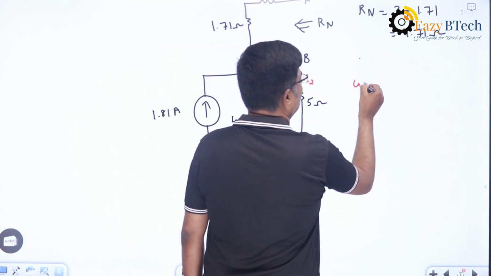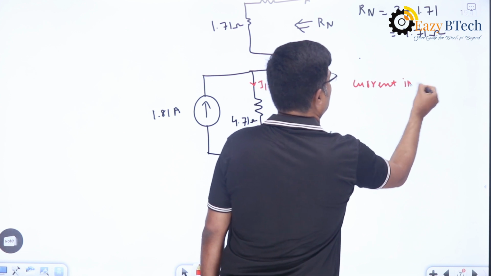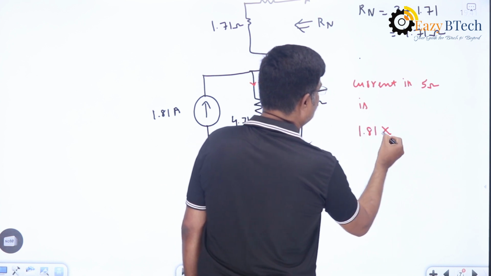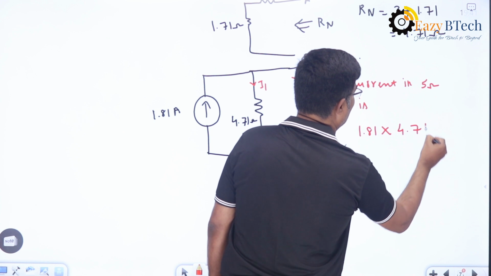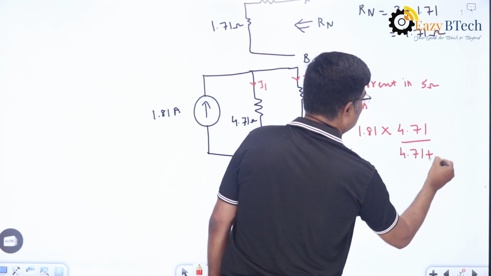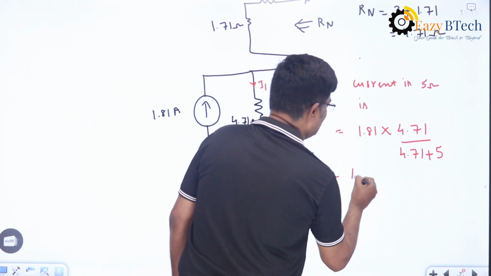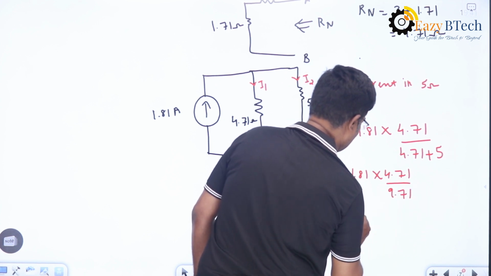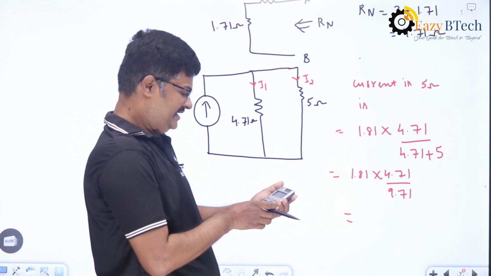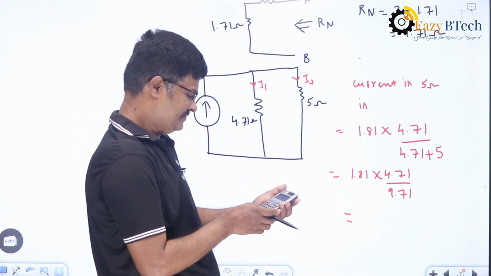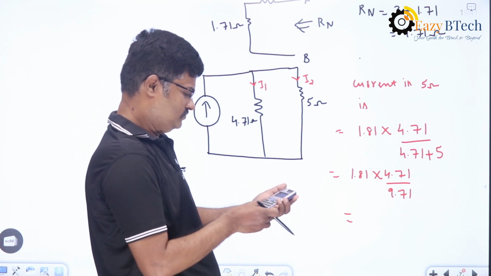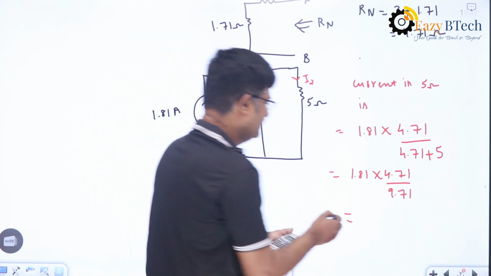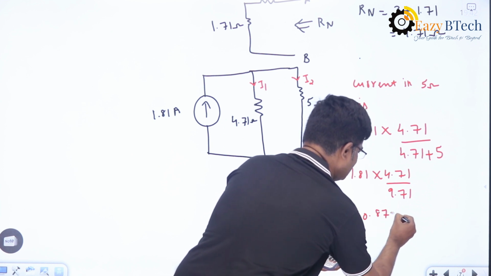So simply I can write current in 5 ohm is total current 1.81 into opposite resistance 4.71 divided by the sum of the resistances plus 5, which is equal to 1.81 into 4.71 divided by 9.71, which is 0.877 amperes.